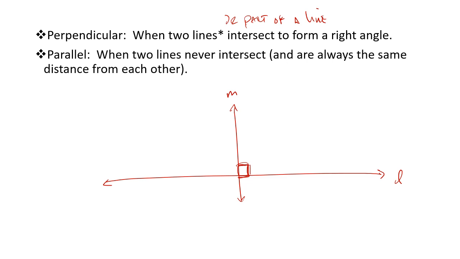And so this is the little symbol that shows this is a right angle, this is perpendicular. So in this case, we would say that L and M are perpendicular to each other. And if you want to know, the symbol looks like an upside down T. And the idea being that these two parts of the T are perpendicular to each other, so they show something that's perpendicular.